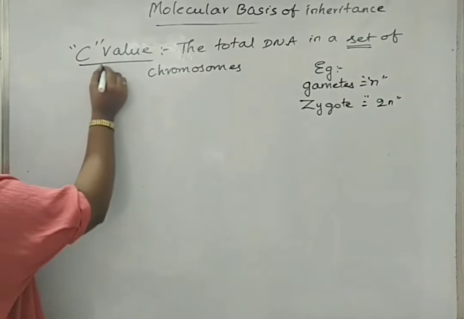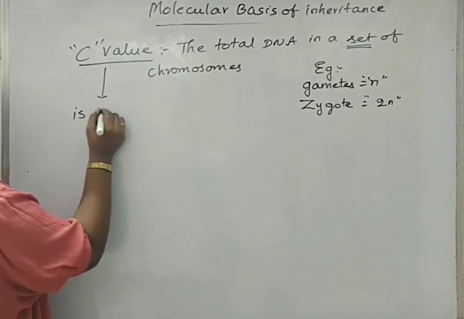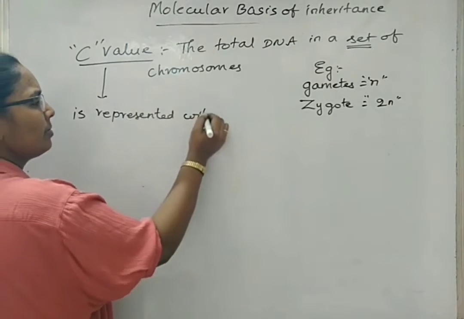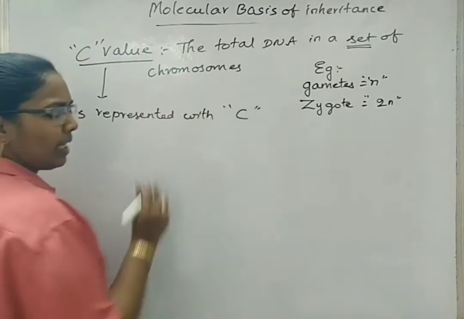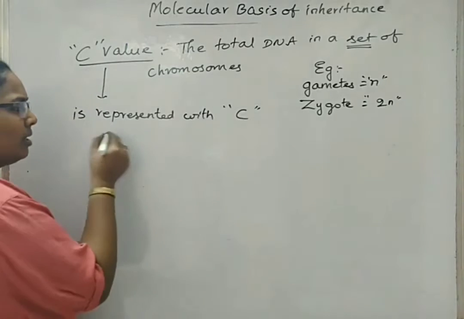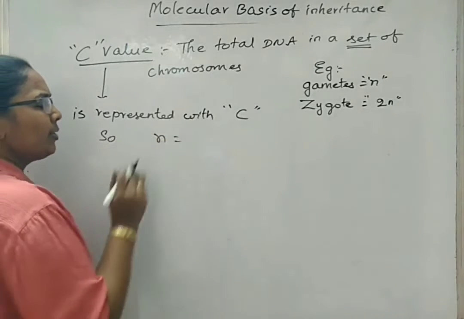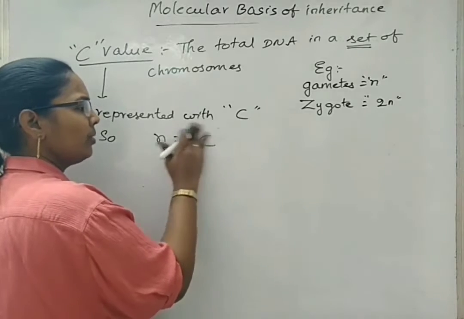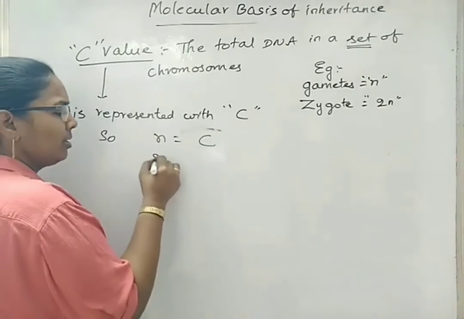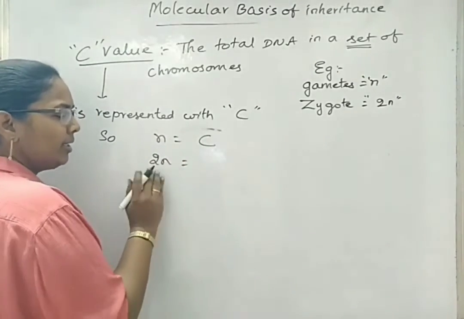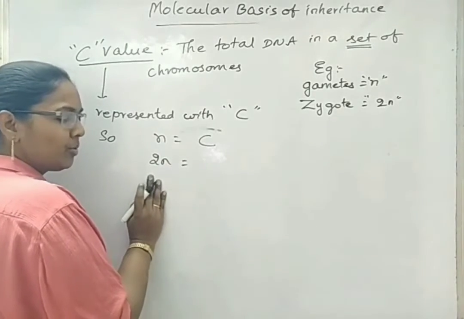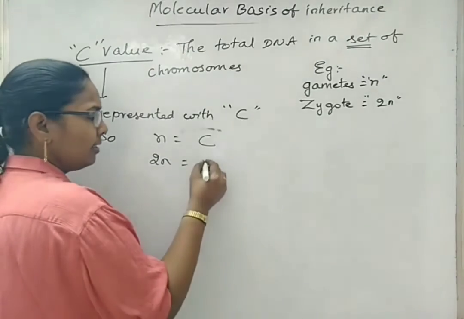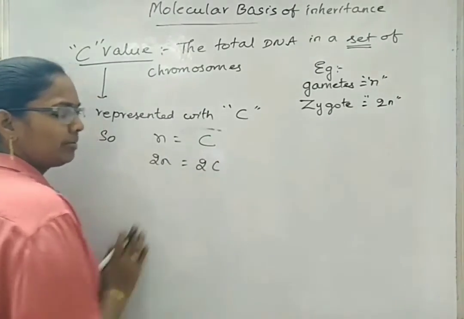Now, C value is represented with the capital alphabet C. So, one set of chromosomes means the C value is 1C only. If a diploid cell has 2 sets of chromosomes, so the condition is diploid in a cell, then the C value is 2C.